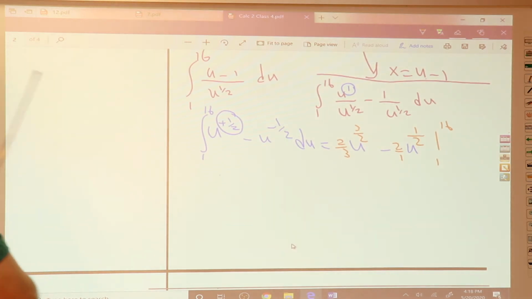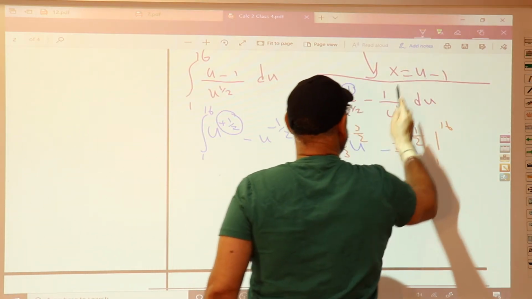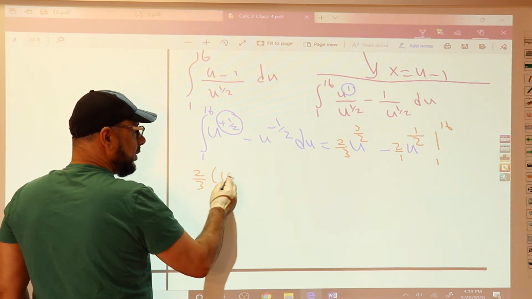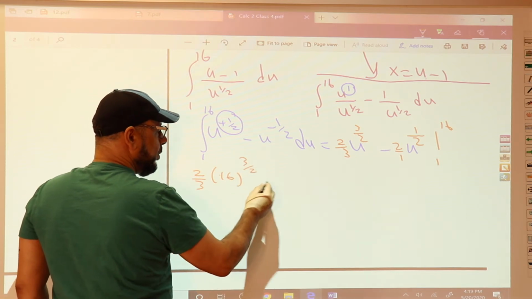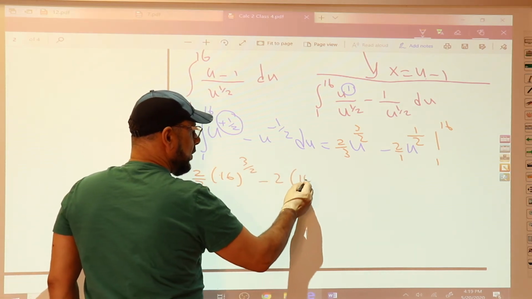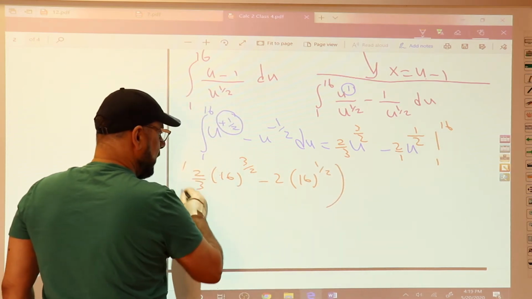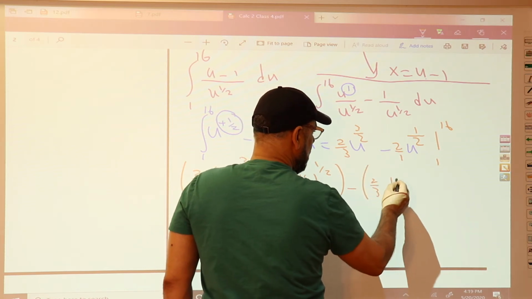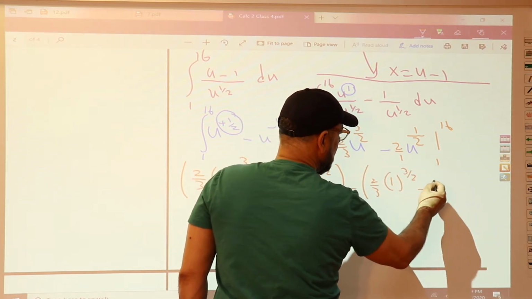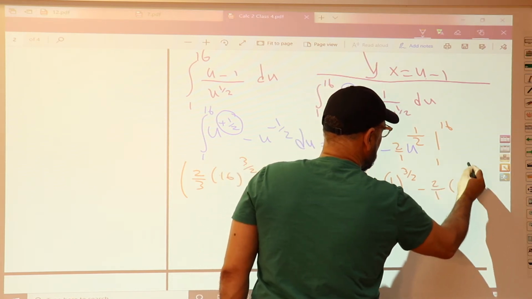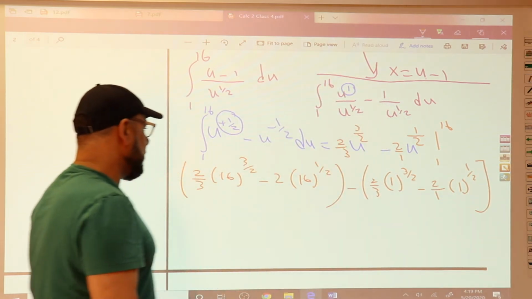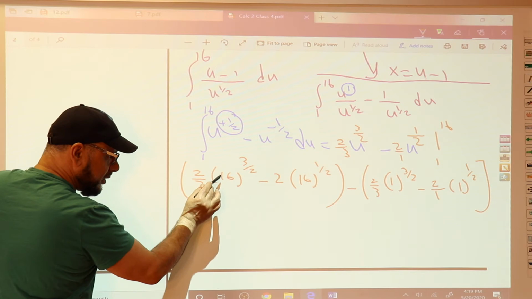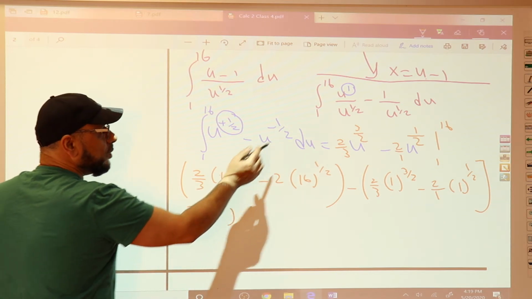Oh, I have space, okay. 2/3, u is 16, to the 3 over 2, minus 2, 16 to the 1 half, minus 2/3, 1 to the 3 over 2, minus 2, 1 to the 1 half. Okay. This means the square root of 16.